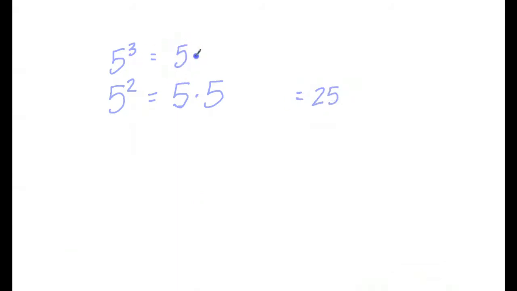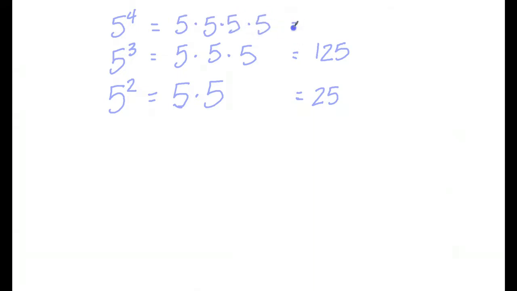That's equal to 5 times 5 times 5. And this one is equal to 25 times 5, which is 125. Okay. Well, then what happens if we have 5 to the 4th? Well, that's going to be 5 times 5 times 5 times 5, which is equal to 625.